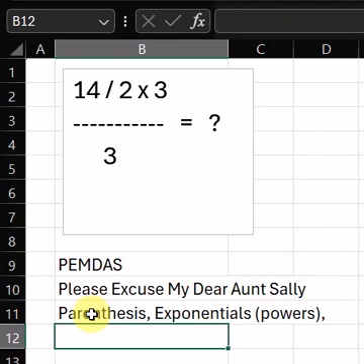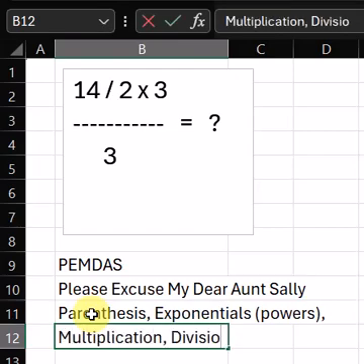Next we're going to have multiplication, then division, but these are really done at the same time. Then we have addition and subtraction. This is probably going to roll off the screen, but that's okay. You get the point.